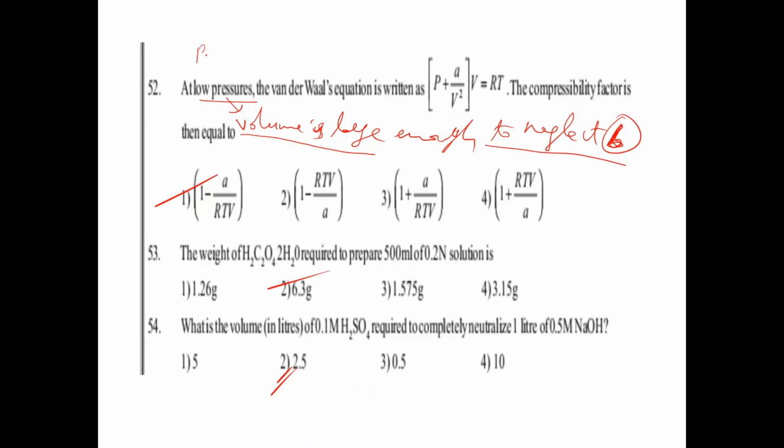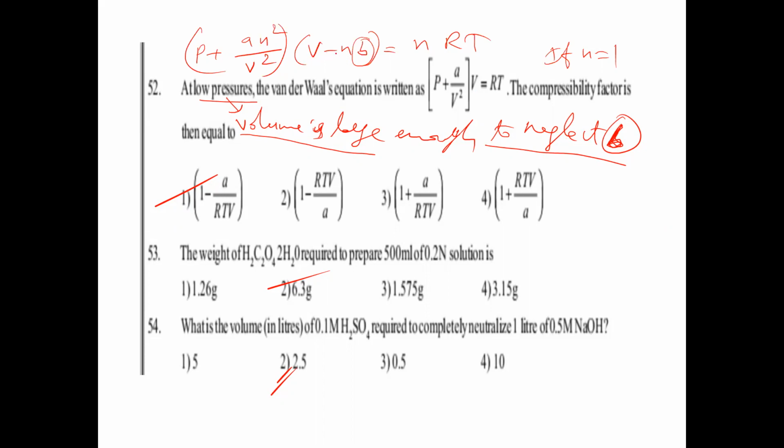Actual equation: P plus An square by V square into V minus nB is equal to nRT. It is the Van der Waals equation. In this Van der Waals equation, what can we neglect? B can be neglected. If number of moles N is equal to 1 and B is neglected, then B won't be there, N won't be there.